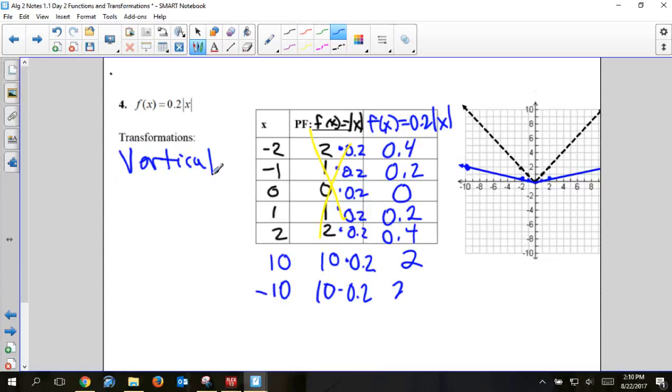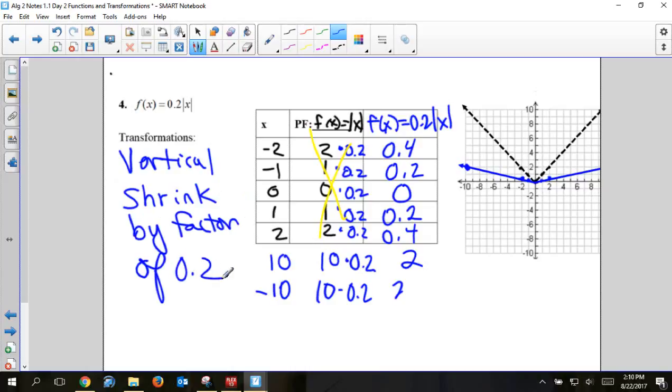The question was, vertical what? Shrink is right. And that is because this number is between 0 and 1, so it's a vertical shrink by a factor of 0.2.